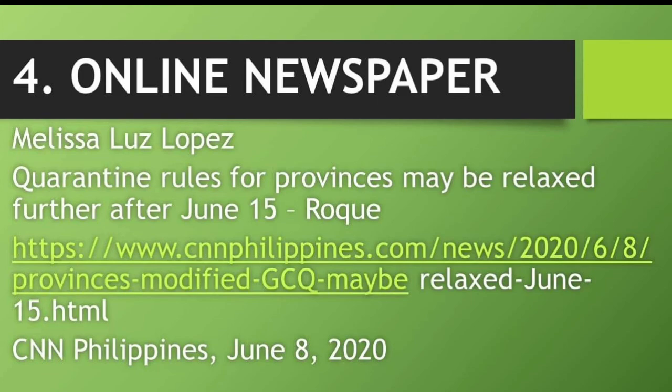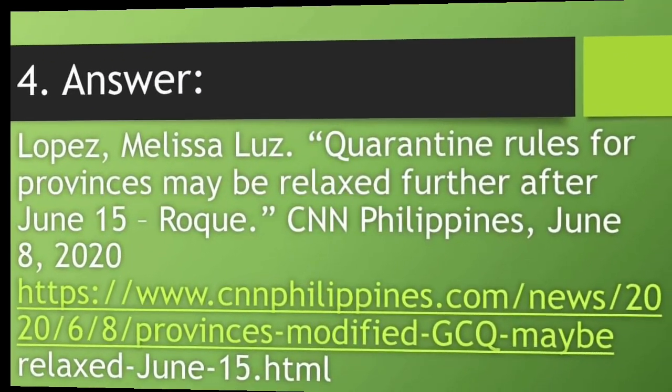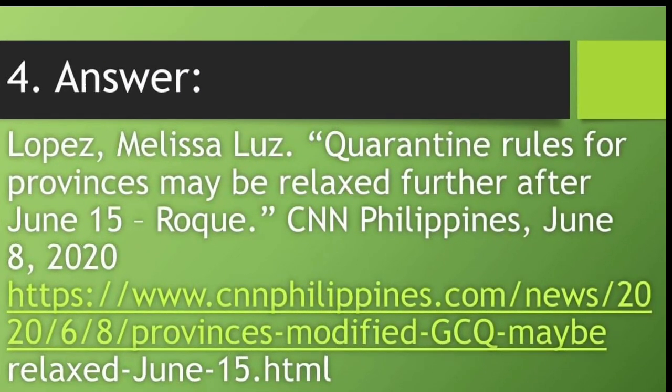The answer is author's name, Lopez Melissa Luz, followed by the title of the news, quarantine rules for provinces may be relaxed further after June 15 by Roque. And next is the issuance date, CNN Philippines, June 8, 2020, and the URL or the Uniform Resource Locator, as you can see on our screen.